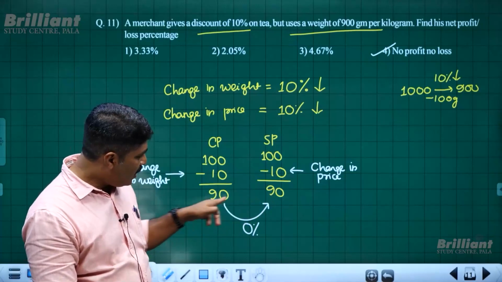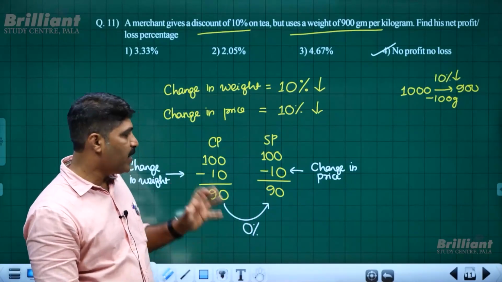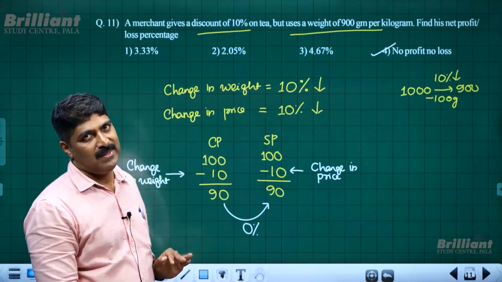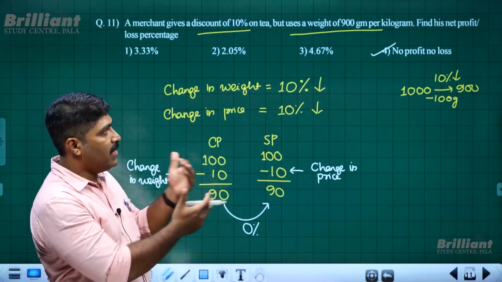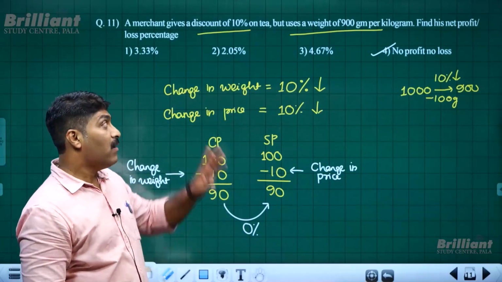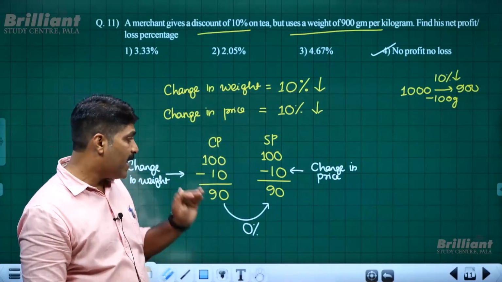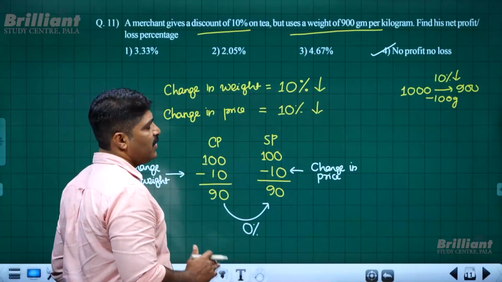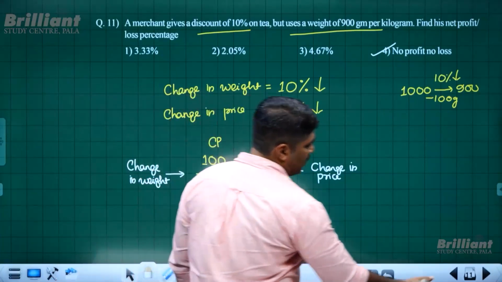And once you reach these two values, from there you can make the conclusion as the effective cost price and effective selling price. So it includes all the alterations in the weight of the product and the price of the product. Like this way we can catch it. So we can consider the next question.